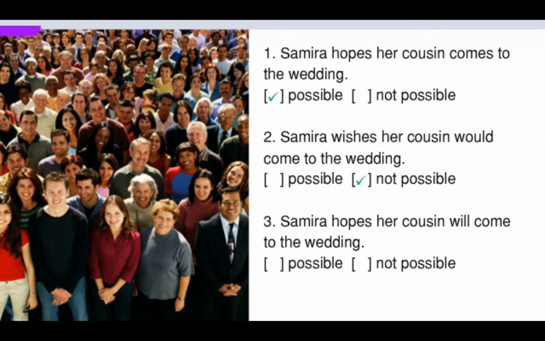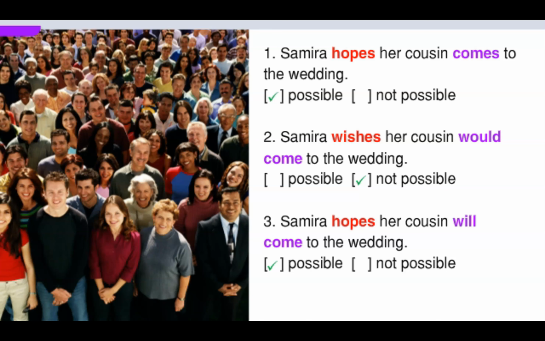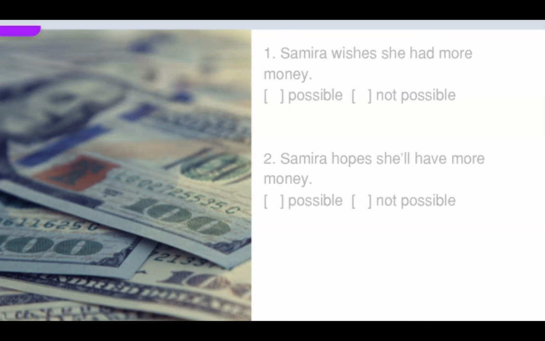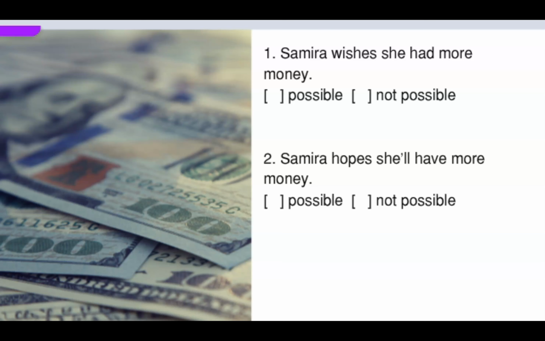Read the third sentence. Is it a possible situation or a situation that is not possible? Listen to the third sentence. Samira hopes her cousin will come to the wedding. The third sentence is a possible situation. Look at the picture and read the first sentence. Listen to the first sentence.